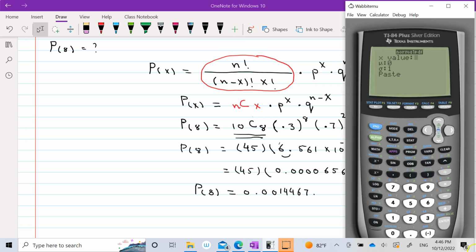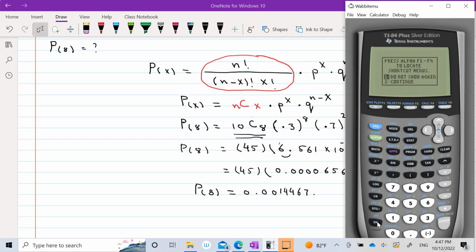Somehow the system is not working because it's online. Binomial PDF. How can I turn it off? I think this way.